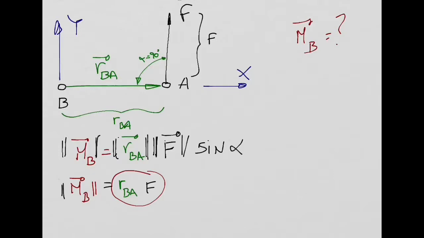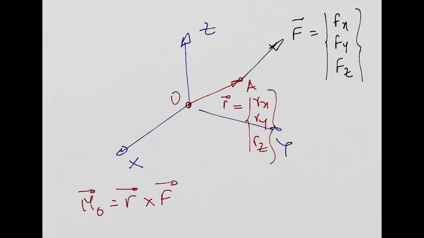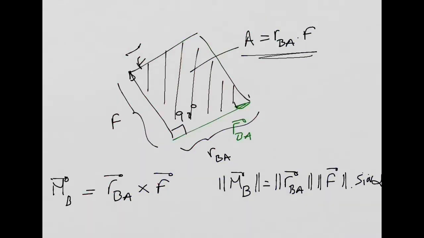We obtained the norm of the moment equal to RBA times F. If you calculate the area of the parallelogram made by RBA and F, that area is also equal to RBA times F. And that area, I told you, is the norm of the vector which is the result of the cross product, in this case, the moment. So you are absolutely right. The area is equal to the norm, or the intensity, of my moment. Okay?